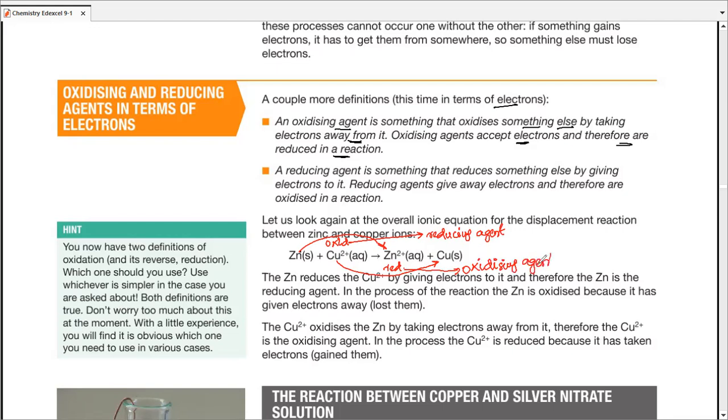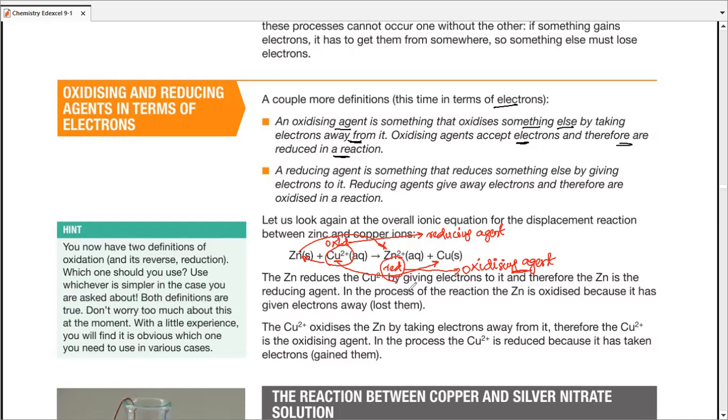Since we have just defined the oxidizing agent as something that oxidizes something else, these copper 2 ions oxidize the zinc. Clearly, zinc is going through oxidation. It is losing electrons. Zinc loses electrons to become zinc positive 2, and the same electrons are gained by copper ions, to be converted into copper metal. So yes, the oxidizing agent oxidizes others, but gets itself reduced by gaining the electrons.